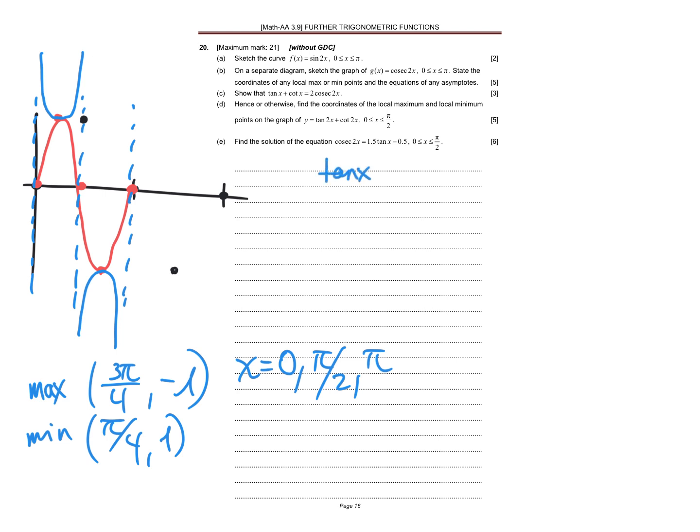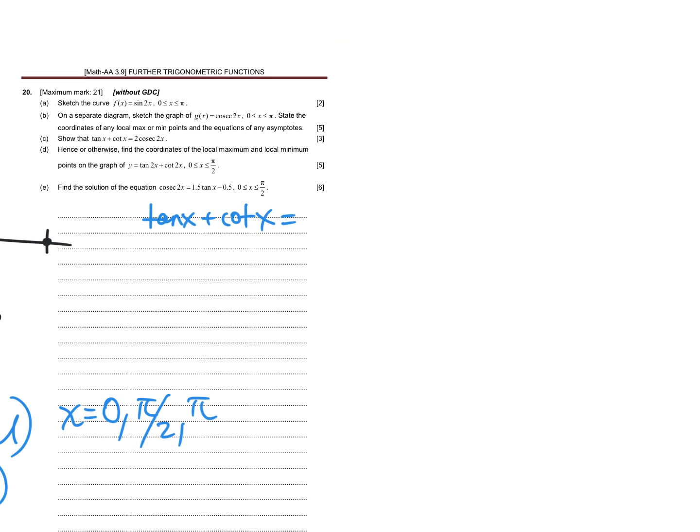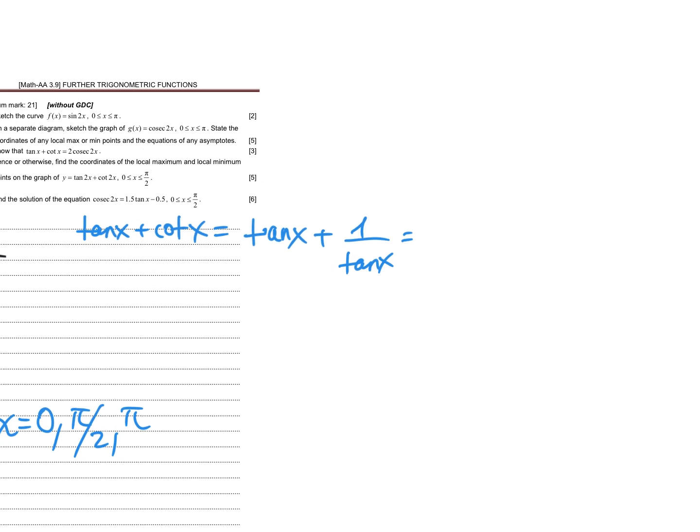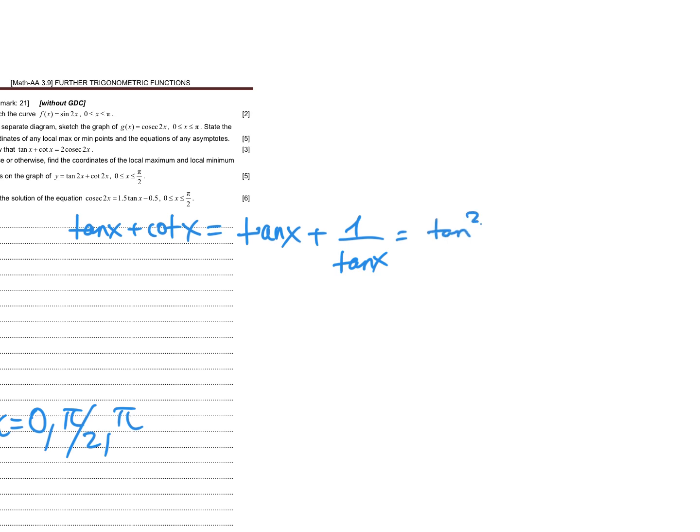So tangent x plus cotangent x is tangent x plus 1 over tangent x, which is tangent squared x plus 1 over tangent x. And we're going to cosecant.